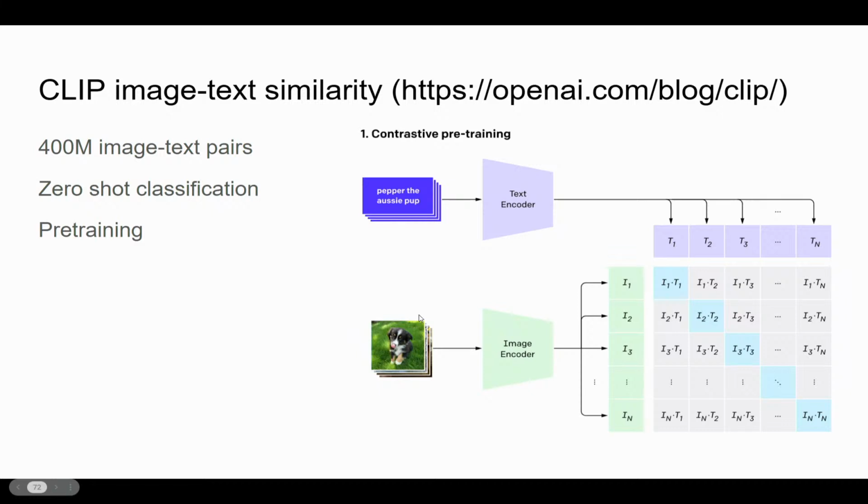You can take this row, for example, and do softmax on that. And you can do cross-entropy with this label being 1, so this is the correct class. This image belongs to this text. Does anyone remember how this loss is called? It doesn't matter much, but it's really just softmax cross entropy.